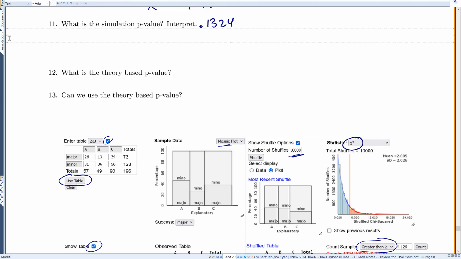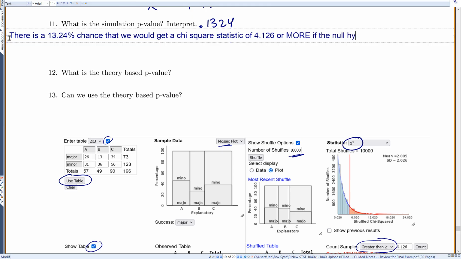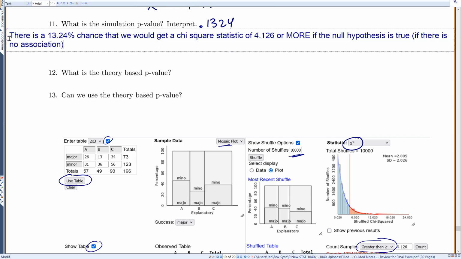That means that there is a 13.24% chance that we would get a chi-square statistic of 4.126 or more, it's always more, if the null hypothesis is true. So if there is no association, that seems quite plausible.